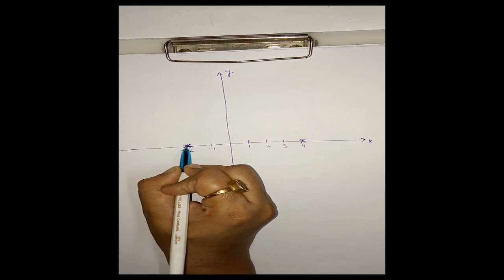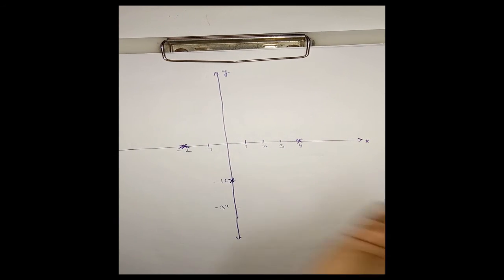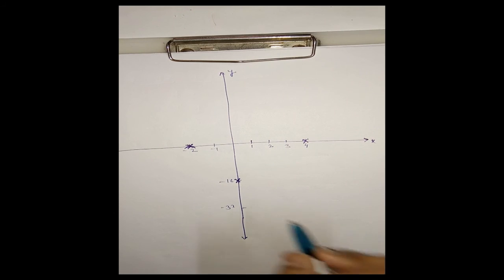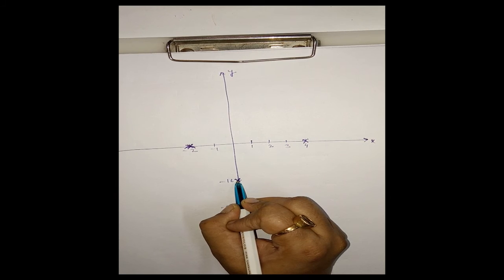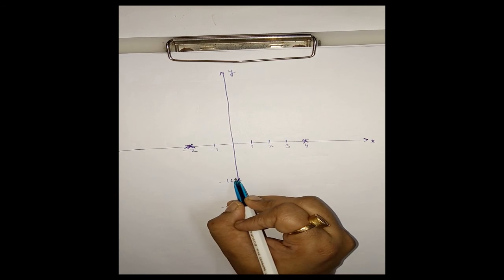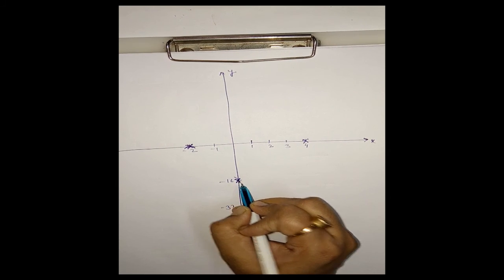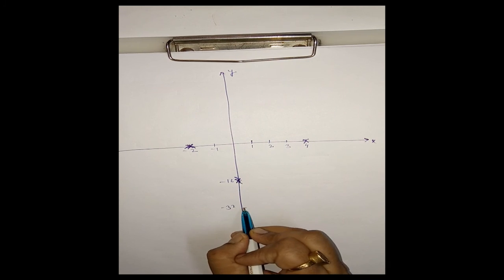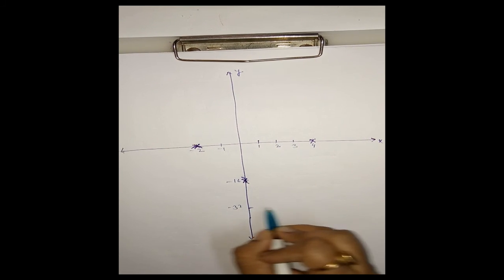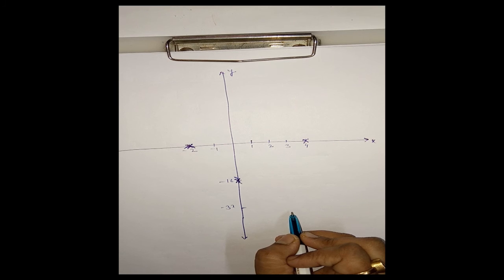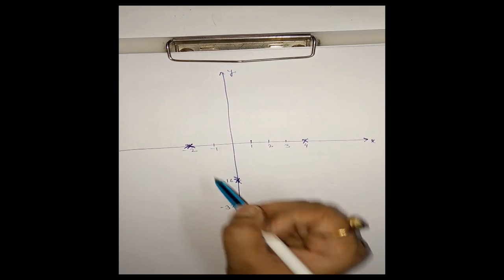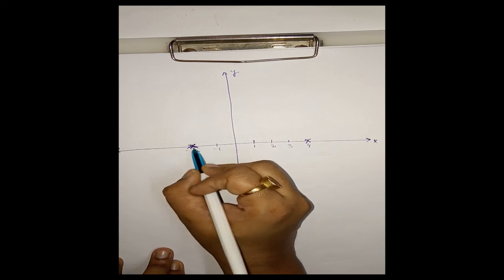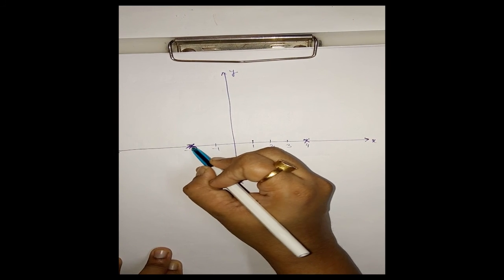That means curve will be of this form. Okay, and now at this point, this is point of inflection. Okay, changes its nature like this. Okay, and now this is my minimum value. Okay, and this 0 is maximum value. Okay, therefore curve will be of this form.